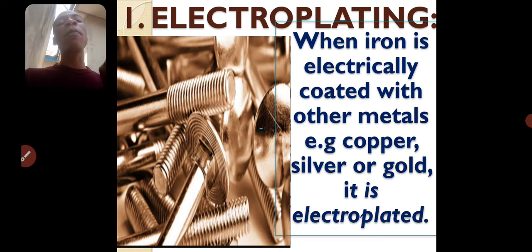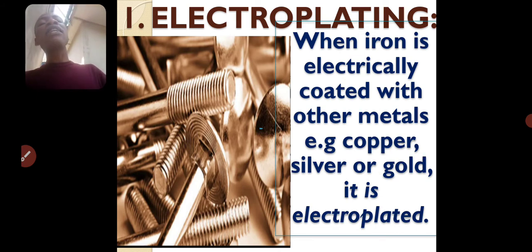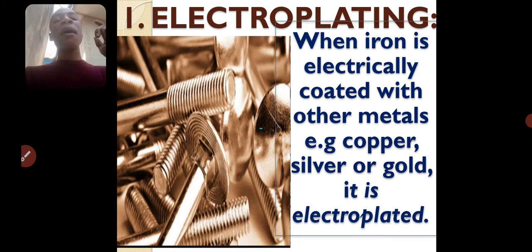In electroplating, you are coating iron with another metal electrically. You call that electroplating. For example, you can coat iron with copper, or silver, or gold. All those metals cannot be corroded easily, so you can use them to cover iron, and when you do that, the iron becomes protected.